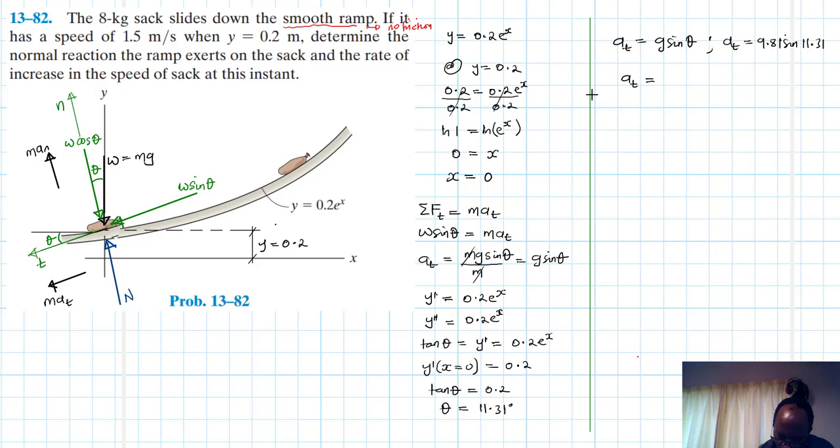So this gives us 1.92 meters per second squared, and it is in this direction. Something like that. Maybe it's too tilted, a little bit up, something like that. So 9.81 sine 11.31, 1.92.